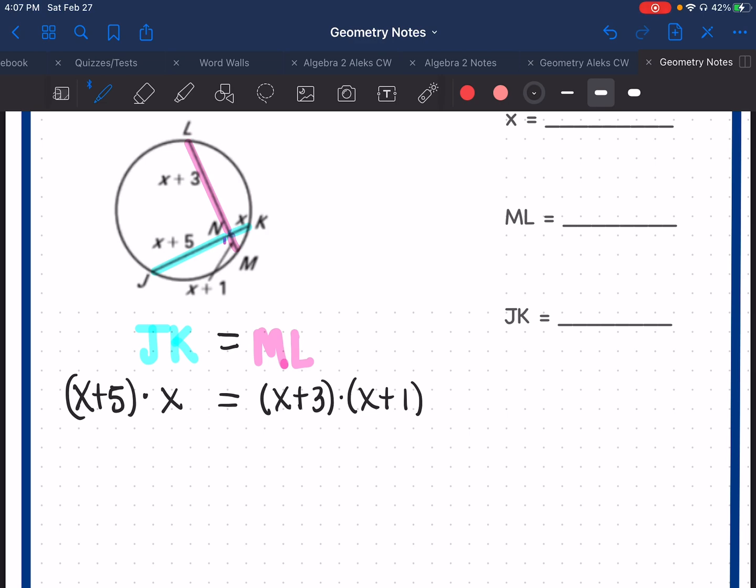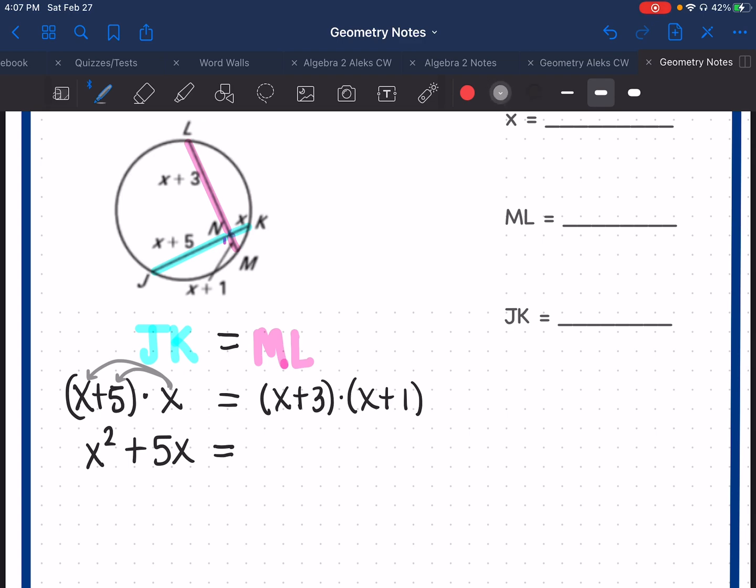Now, for JK's side, for the blue side, all I need to do is distribute. I'm just going to distribute. And we would typically see the x times x or x squared term first, and then the 5 times x or the 5x term second.